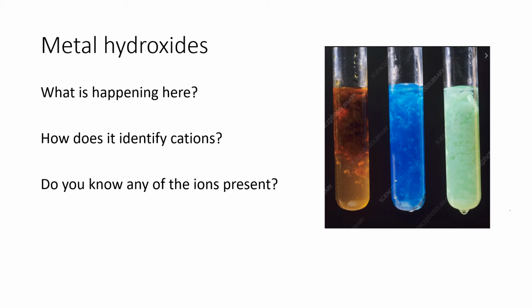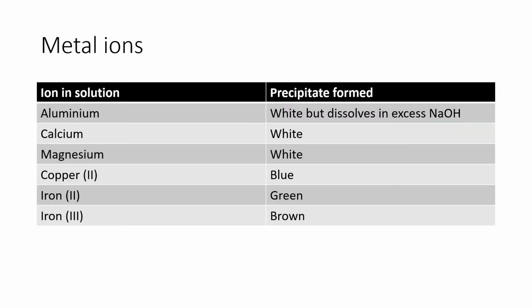So we can test for the metal in a metal hydroxide. How does it identify the cations? So say it's producing a precipitate reaction, and depending on the colour of the precipitate will tell you what ion is present. Now the ones that we need to know, and 3 of which, the bottom 3, were the ones from the picture, we've got 6 different metal hydroxides.